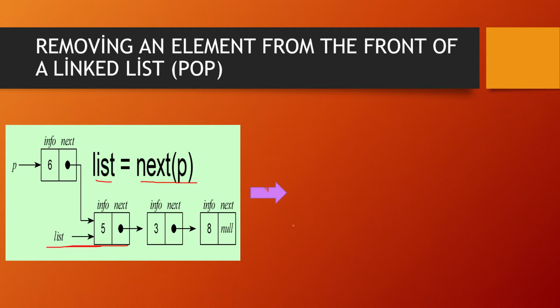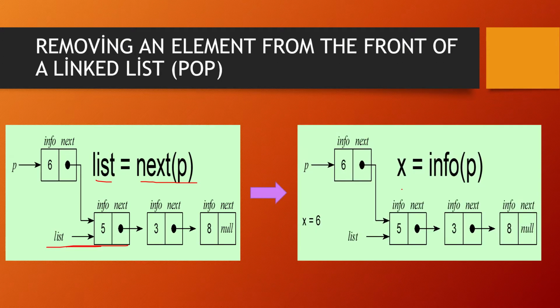Next, first we take information from p, then we remove it. So x equal to info p. So we copied the information part of p into x that we have to return to the main function.